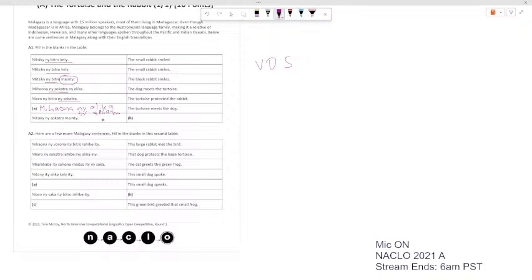This would be the black tortoise smiles, because we have this, which is black, the adjective. And then this is tortoise, right? And then this matches with the first word in this sentence, which is the verb smiled, conjugated into the past tense.